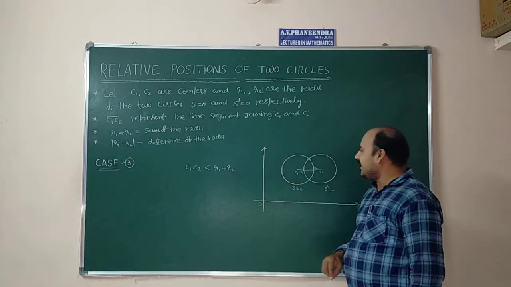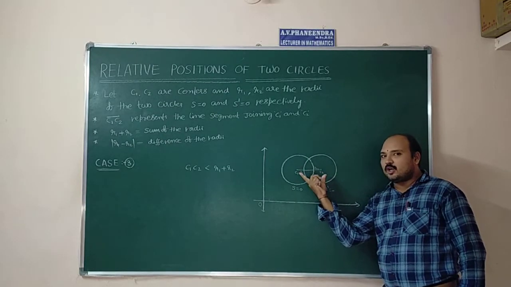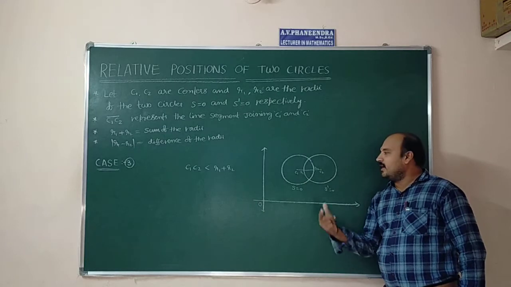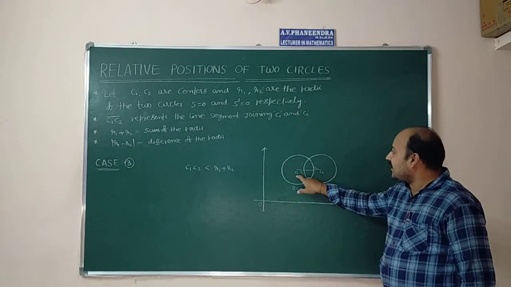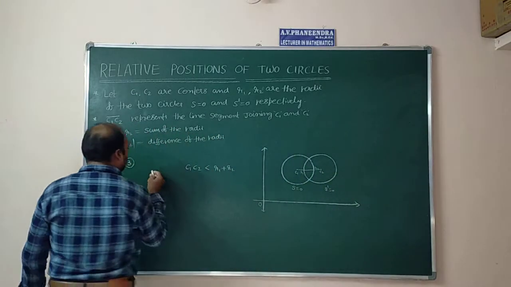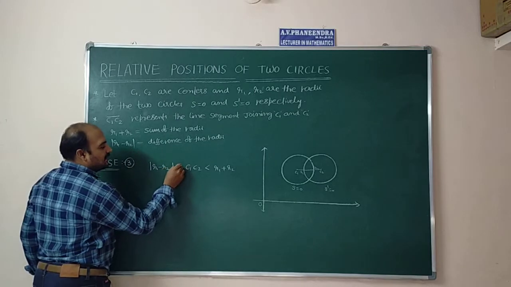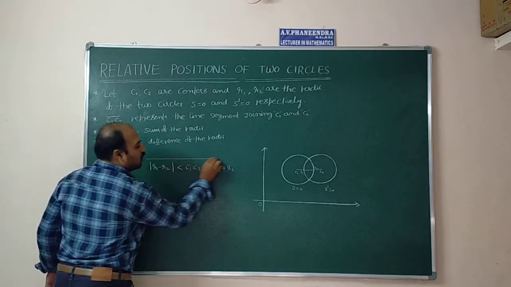Not only in this case, the difference of these two radii, R1 and R2, is less than C1 C2 also. That means the difference of radii R1 minus R2 is less than C1 C2.